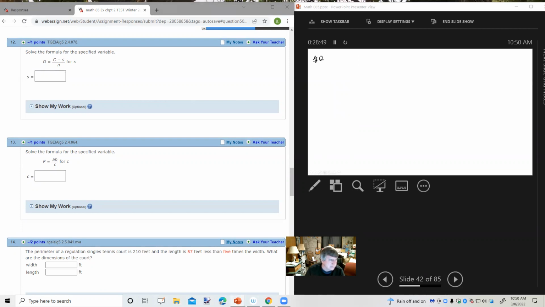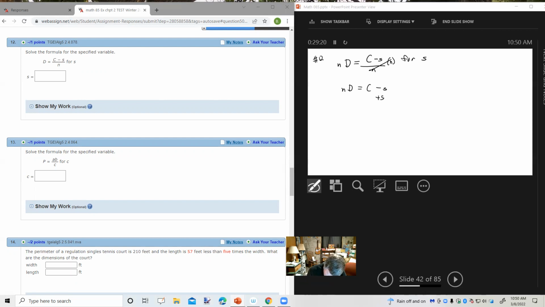Number 12, solve the formula for the specified variable. D equals capital C minus little s over little n, and solve it for little s. Okay, so I'm going to multiply both sides by little n, which gives me nD equals C minus s. There's a couple of different things I could do.